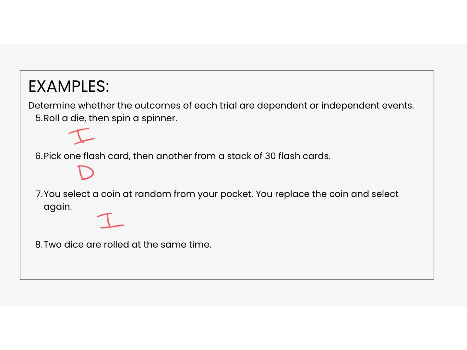That's independent because I still have the same chance both times. 2 dice are rolled at the same time. That's also independent. Okay, so what you're looking at is, does the outcome of one affect the outcome of the second one, or are they completely independent of each other?